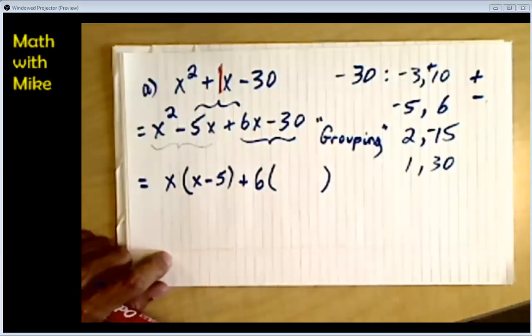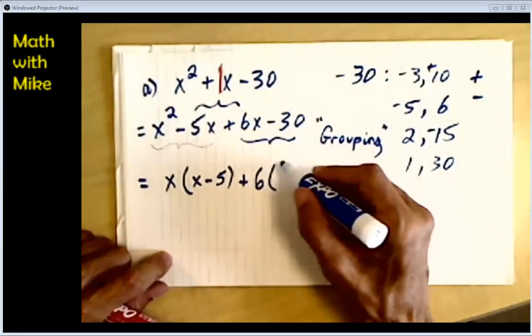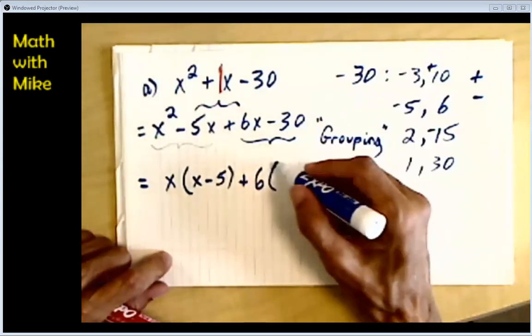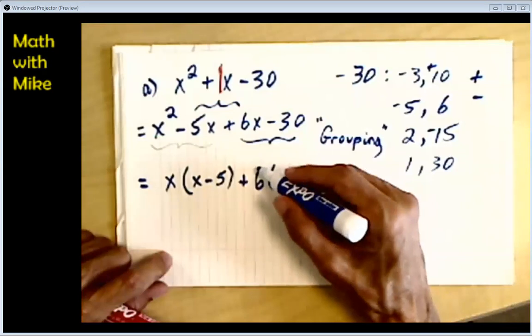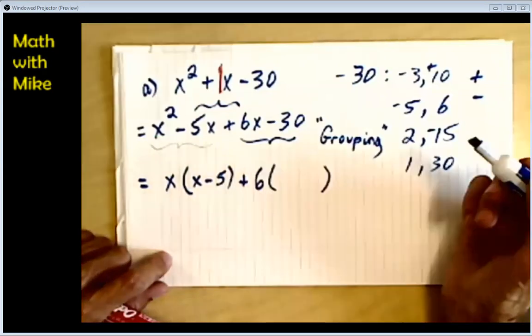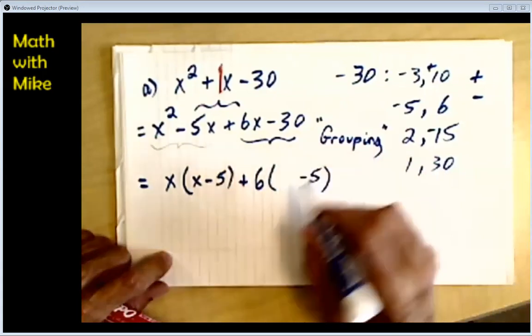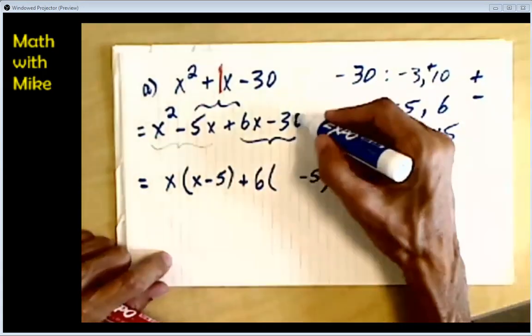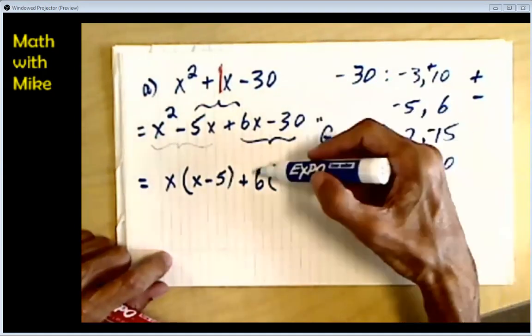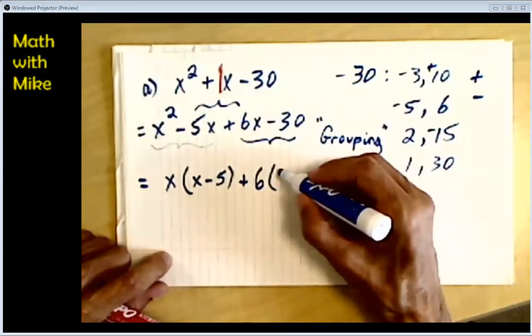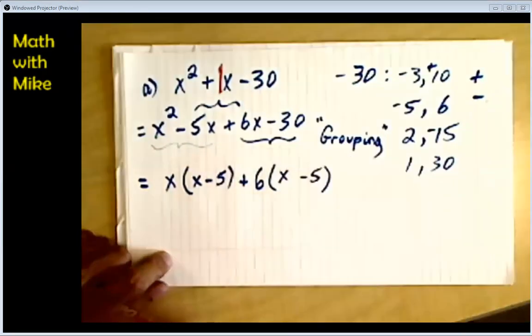Now here's the thing. If we multiply back in, we got to get back to this. So minus 5, because 6 times minus 5 is minus 30. And 6 times what gives you 6x? It is, yeah.